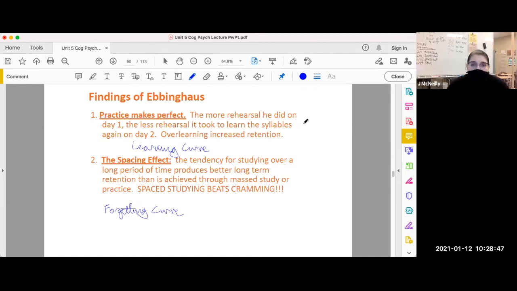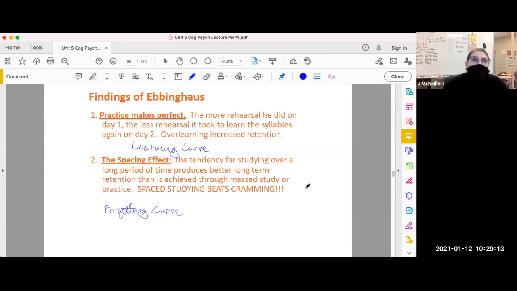Okay, so the spacing effect is that finding that it is better for you to study a little over a longer period of time than it is for you to study a lot in a short period of time, which is why most AP classes are a year long. They don't just say, okay, the month before the exam, here's a review book, get cracking. You're supposed to build on those skills slowly over time over the course of a year.